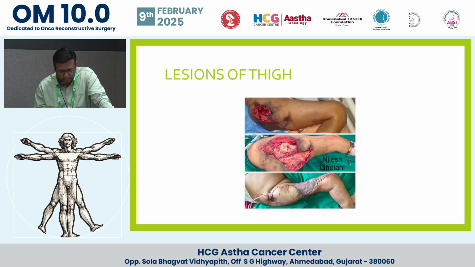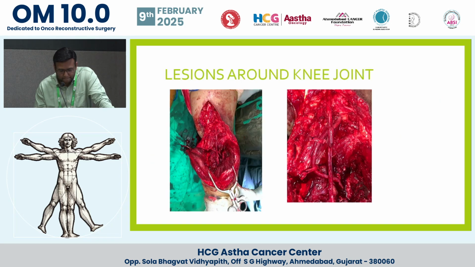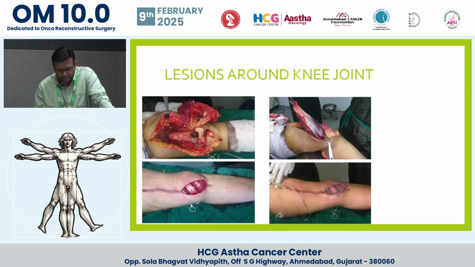Local flaps are also useful. When vessels are also involved in the sarcoma, we can use vein grafts to loop around it and preserve the limb. Gastrocnemius and local flaps are robust flaps, easy to harvest and reliable.